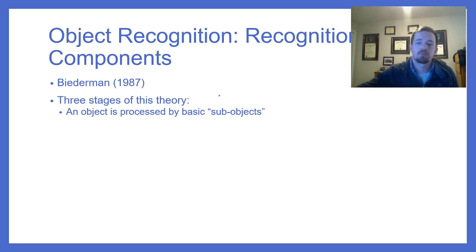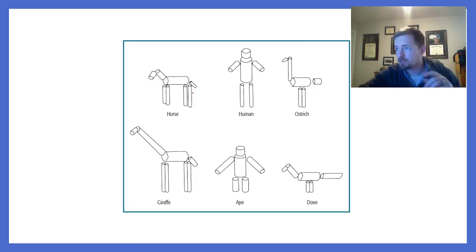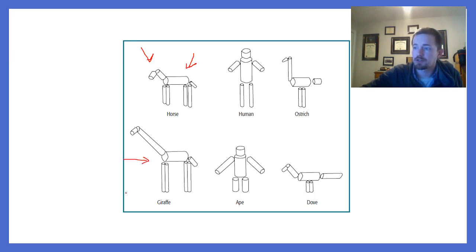Here's how it works. Basically, we have three parts to this process. We have three parts that feed into how we are able to recognize objects. The first part is that we're going to break this object down into sub-objects. And again, this will be familiar to people who have taken cognitive psychology, you're seeing this, and you're concluding that that is a horse. You're seeing this, and you're concluding that's a giraffe.